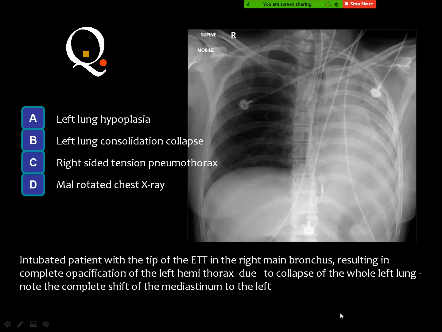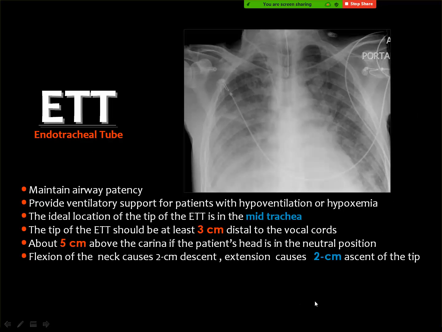And this is one of the ABCs whenever you are interpreting a chest X-ray in the intensive care unit and you see an abnormality in the lung. It is very important and essential to look for the tubes, because malposition and inaccurate position will result in so many complications, as I have mentioned before.